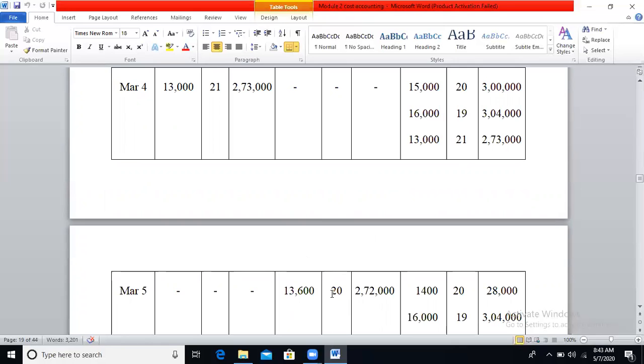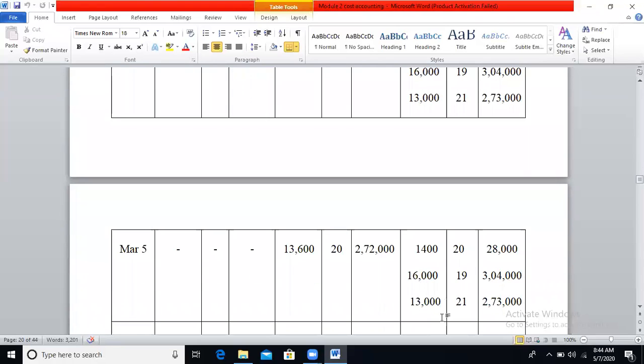The price will be 20. So 13,600 into 20, you will get 2,72,000. Out of 15,000, if you issued 13,600 units, the remaining balance will be 1,400 units at rupees 20. If you multiply 1,400 into 20, you will get 28,000. Still we are having 16,000 units at rupees 19, total of 3,04,000, and 13,000 units at rupees 21, total of 2,73,000.